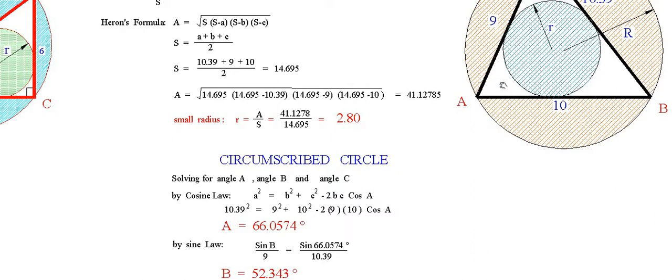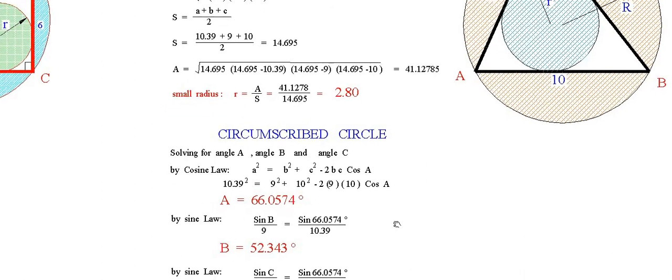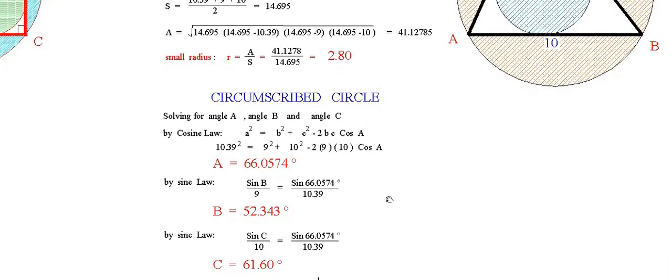Then once we solve one of the angles, the other two angles can be solved by sine law. This angle A is now solved.